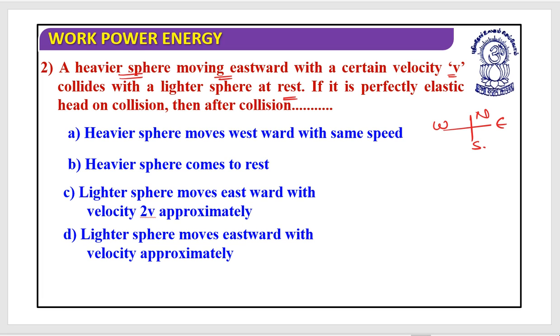So this is the heavier sphere, with mass m1. It is moving in this direction with velocity v1. This is the lighter sphere, let's say of mass m2, which is initially at rest, so u2 equals 0.